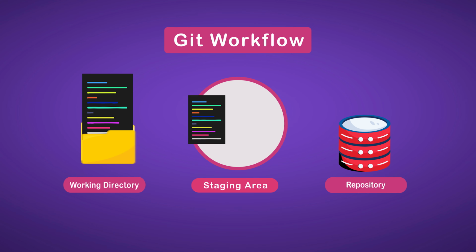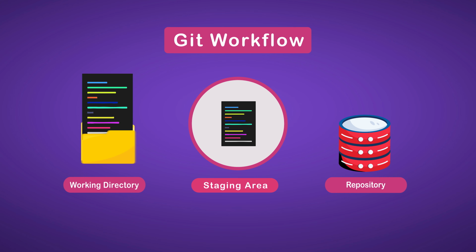The staging area is like a holding zone where we can review the changes we want to commit. If more changes are required, we can easily remove the file from the staging area and modify things before committing. If everything looks good, we commit the changes and they are permanently saved in the Git repository.